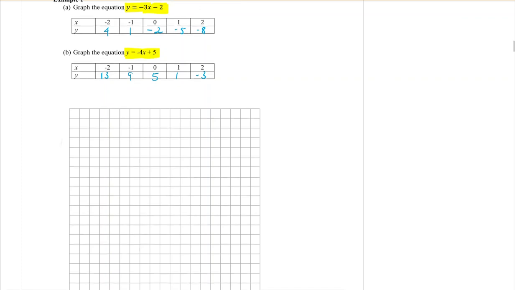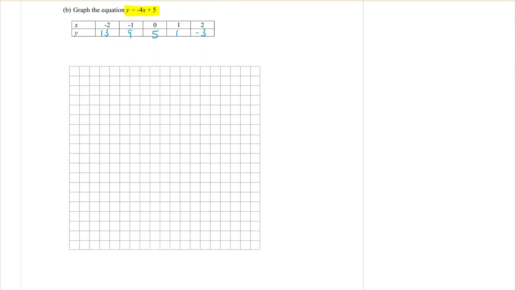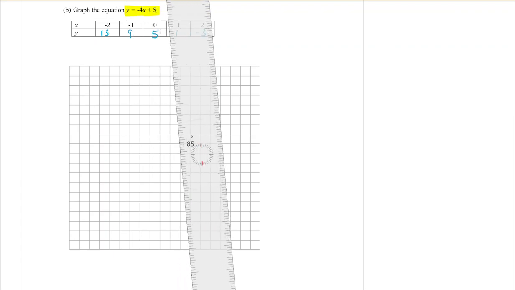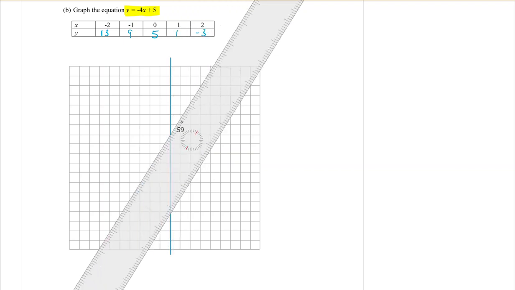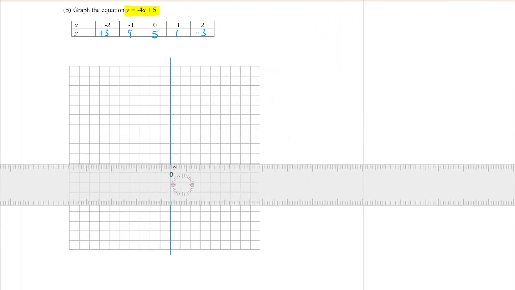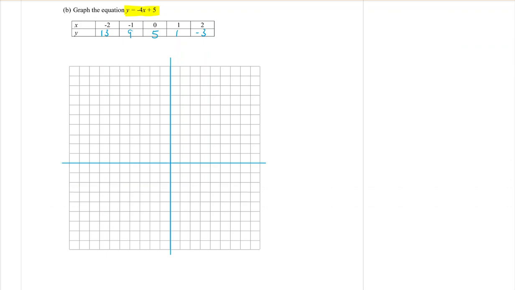Once the tables have been filled in, we want to draw our graph. So remember to use a ruler. We need to draw a vertical line down the middle, and as close as best we can, a horizontal line. We need some numbers. We need positive numbers going to the right, negative going to the left.